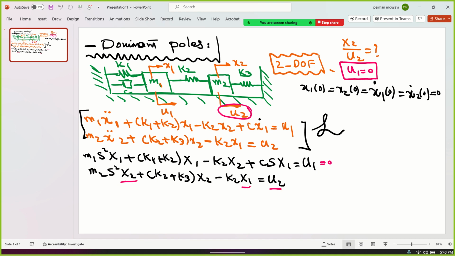But here you see you have an X1, so I have to find X1 from this relation. So it's very easy. And for simplicity, because I'm going to go to MATLAB eventually, M1 is equal to M2 is 1 kilogram.